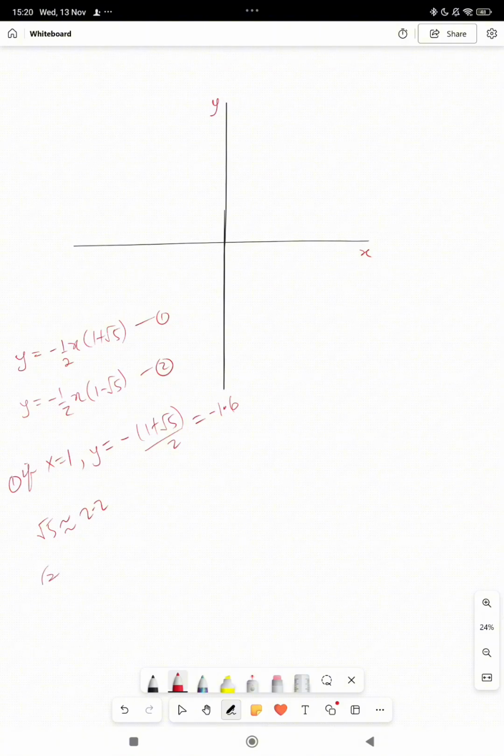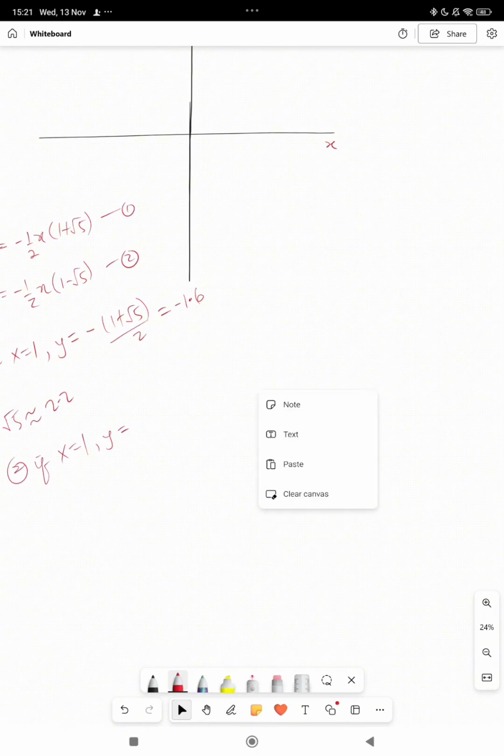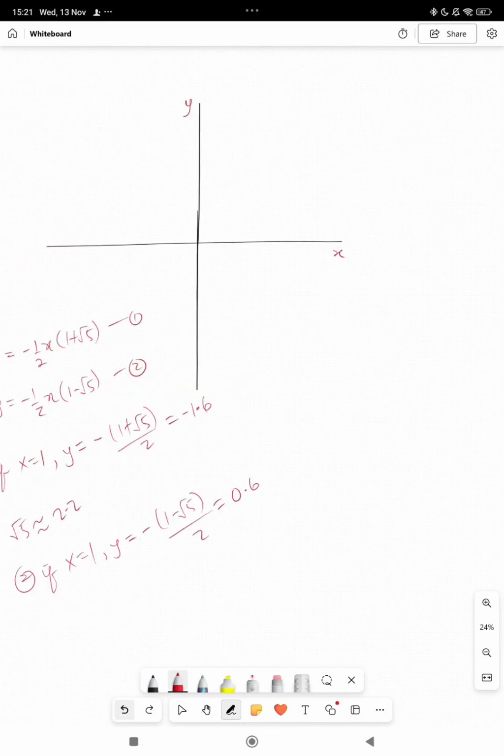And for the second one, if x is equal to 1, our y will be equal to, again, (-1 - √5) all divided by 2, and this is going to give us 0.6. We are going to use these values to plot our phase lines.